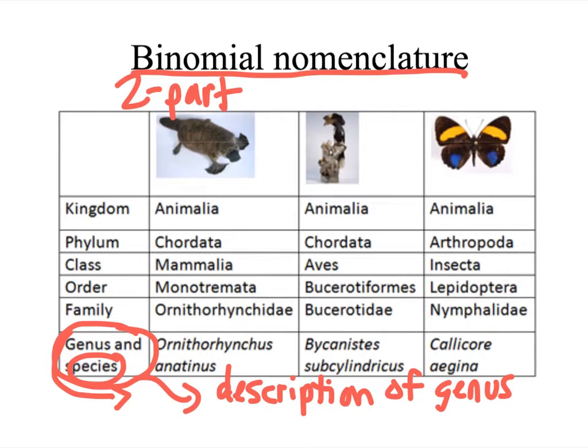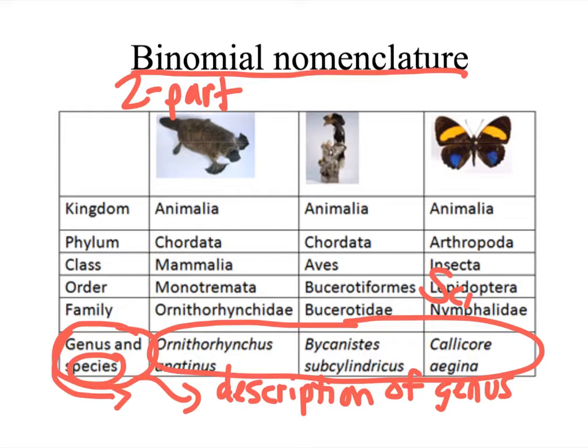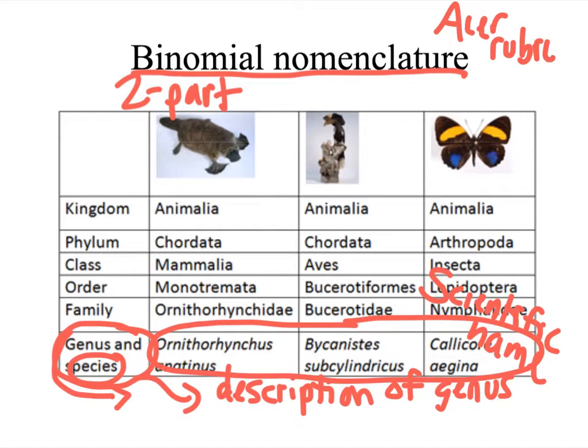So what we have here, this is what we call the scientific name. And the scientific name consists of the genus and the species. But you want to be careful when trying to decide which two organisms are most closely related. So I'm actually going to write down a couple names here. We have, let's say, Acer rubrum.